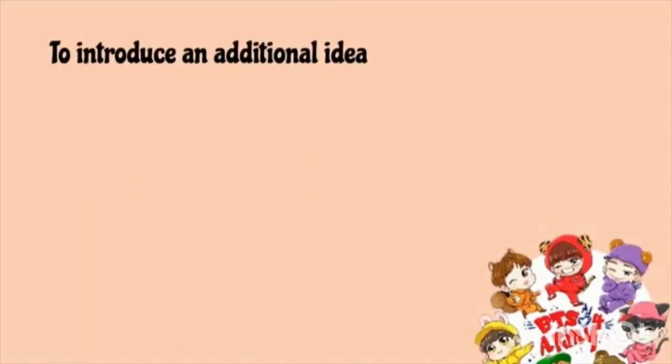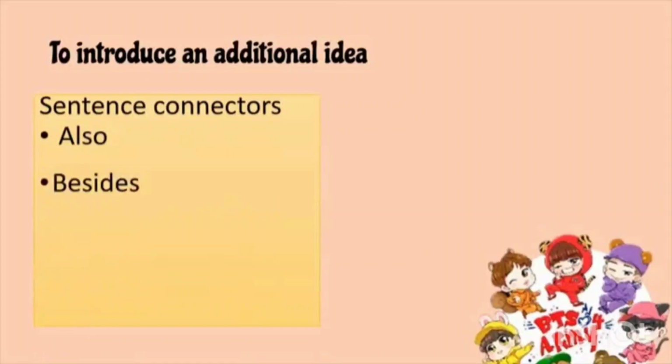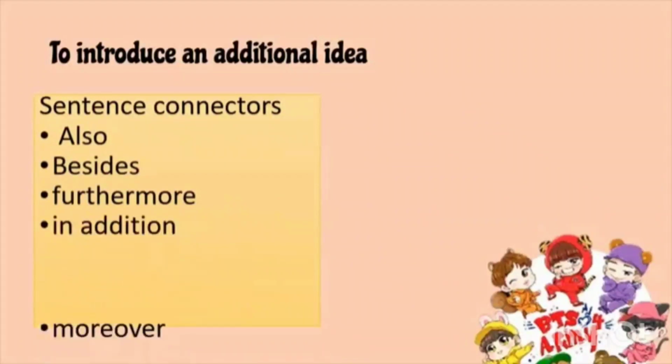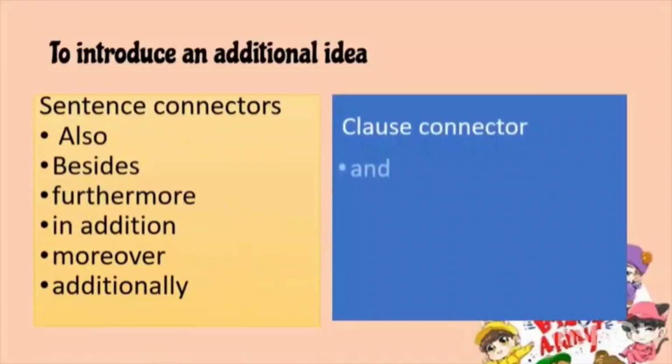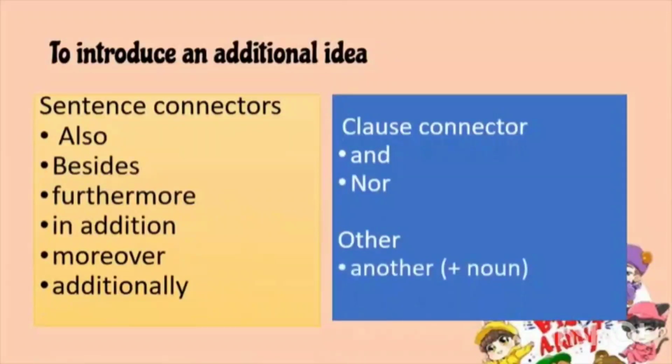To introduce an additional idea, we're going to use the following connectors. Sentence connectors: also, besides, furthermore, in addition, moreover, additionally. Clause connectors are and, nor. For the others, we have another plus noun, an additional plus noun.